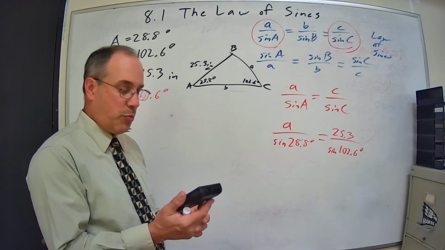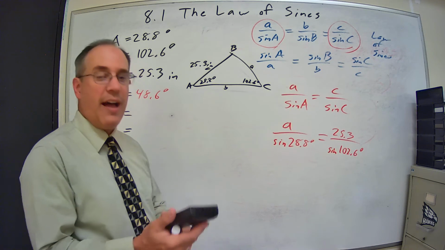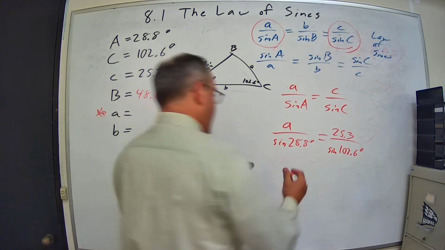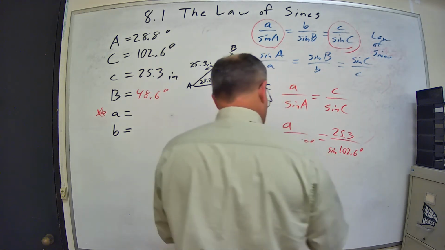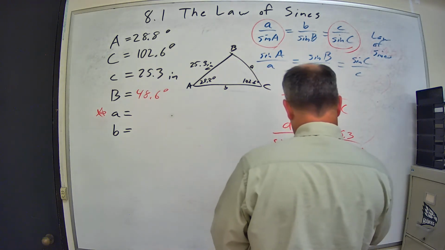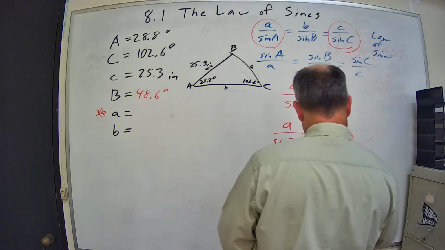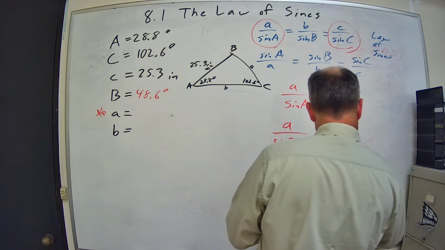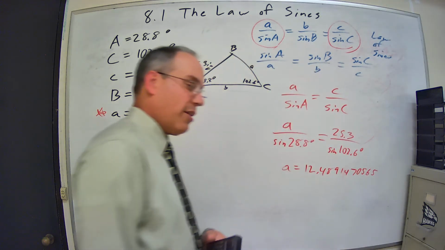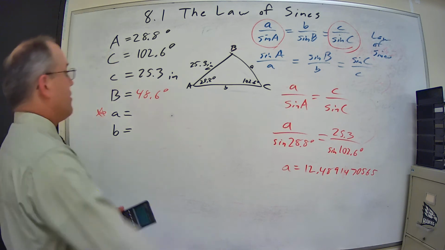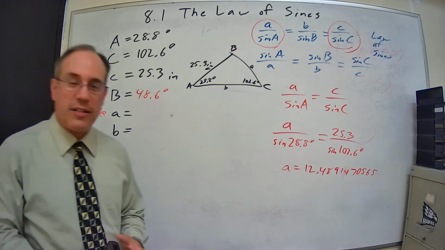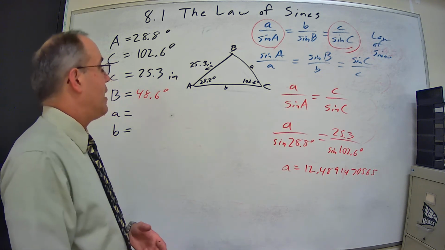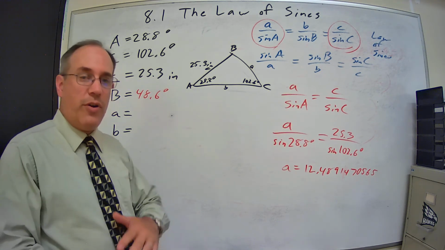The sine of 102.6 is approximately 0.9759, etc. So I divide, and I get A is equal to 12.48914470565, that's as far as my calculator gives me. Now, remember we talked about precision and accuracy? And I said, okay, now that we've talked about it, we don't have to worry about it.